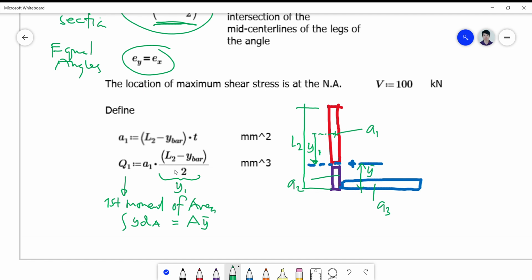Okay, so I get this. So where will I use this? I will use this later on my formula VQ over I T, okay, or my shear flow formula, which is VQ over I.